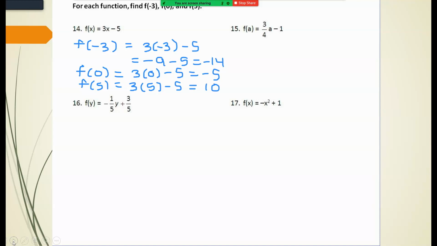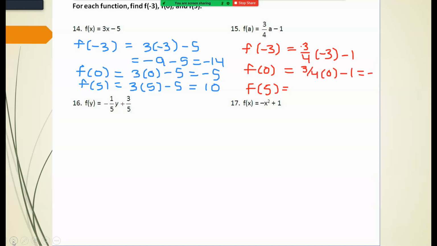So all you're doing is plugging in 3 different numbers to the same function for their variable. So you're finding the function at those points. So you have 3/4 times -3 minus 1, 3/4 times 0 minus 1, and 3/4 times 5 minus 1.